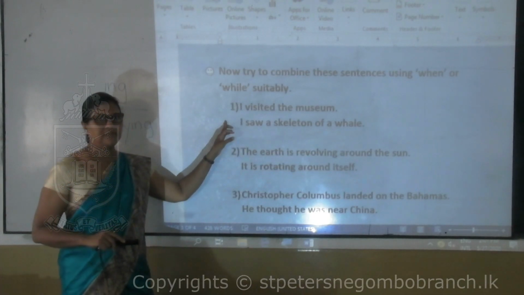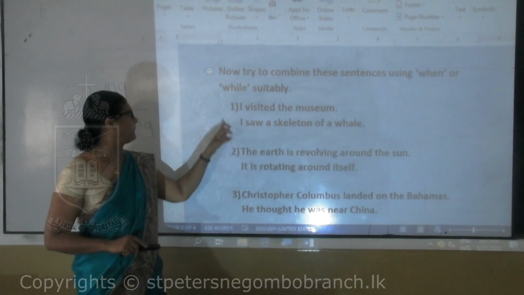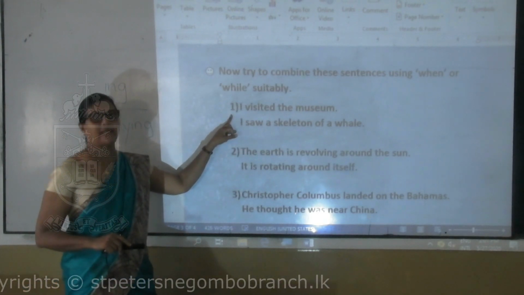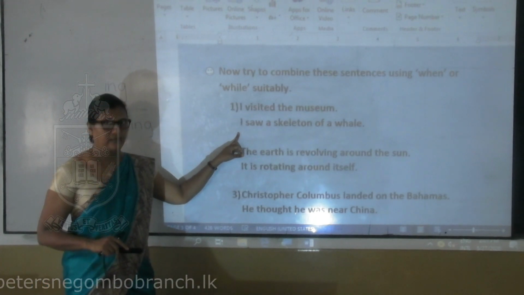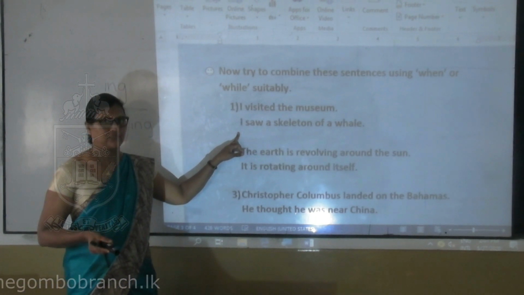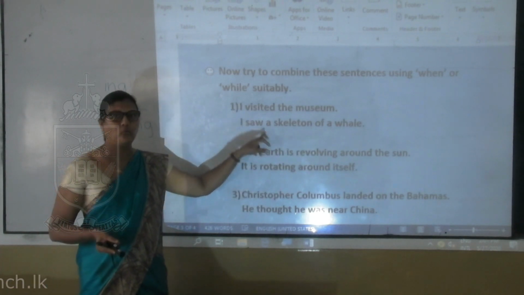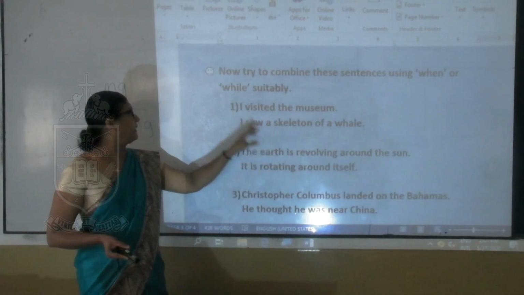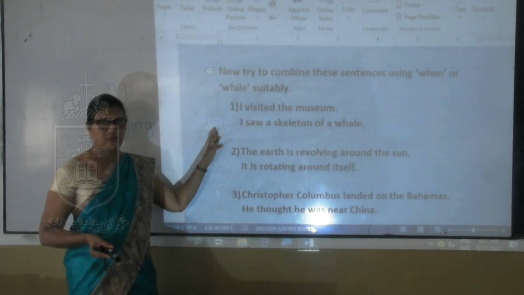See the sentence and its tense. I visited the museum, that is simple past. I saw a skeleton of a whale, that is also simple past. So there is no continuous tense here. Better you use when for this. When I visited the museum, I saw a skeleton of a whale.